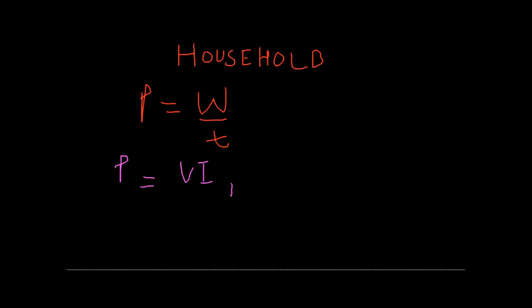I have P equal to I square R, because I had W equal to I square RT, and I have finally P equal to V square by R, because I had V square T by R equal to W, and therefore I divided it by T. So guys, that's pretty much it about the formulae of power and work.